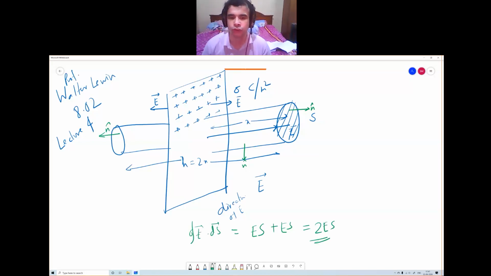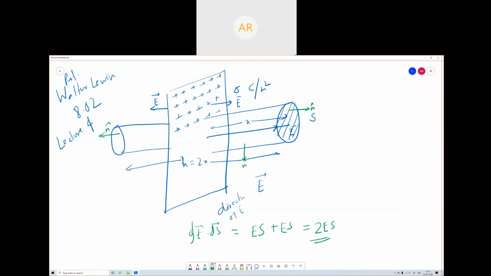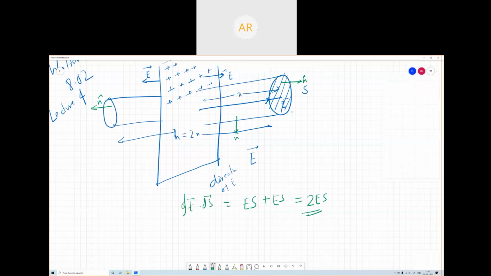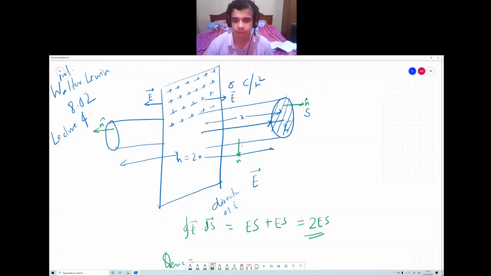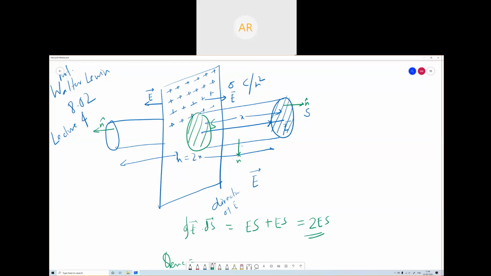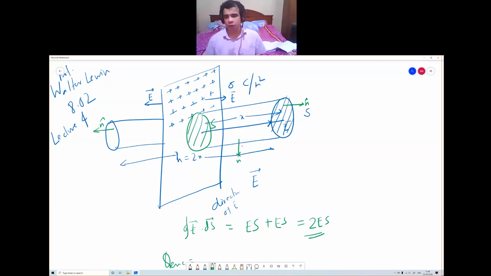Now what is Q enclosed? How much charge is enclosed in the cylinder?